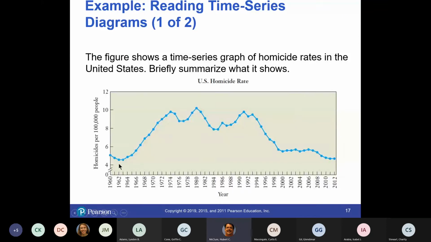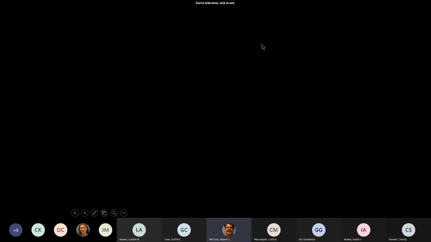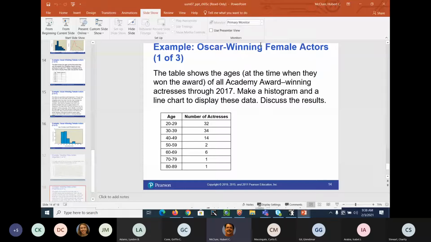And there is something that is nice and pretty, and that's a line chart. And that's why you use line charts, because they're very easy to understand. And that's that section.